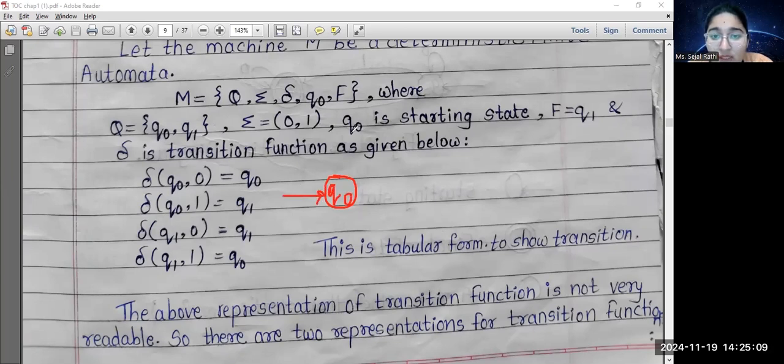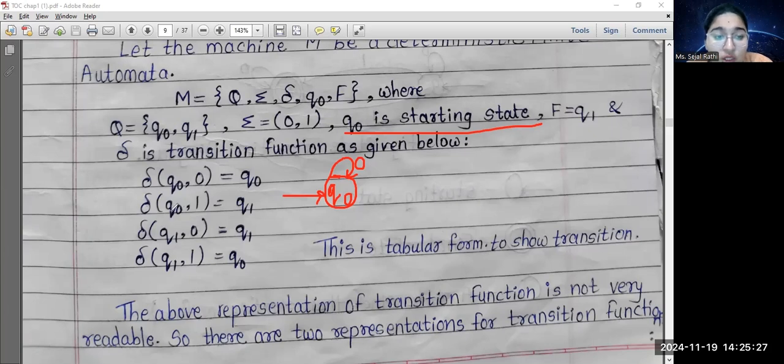Already given, Q0 is the starting state. Then Q0 with 0, where is the next state? Q0 again.